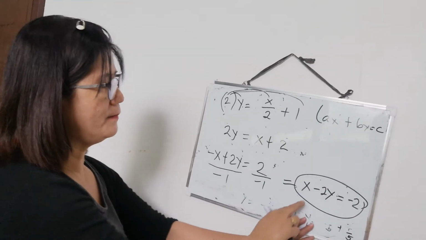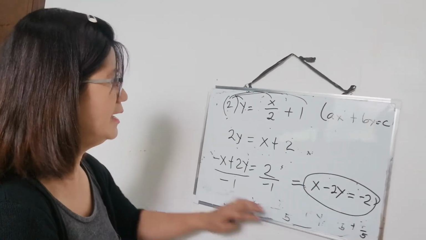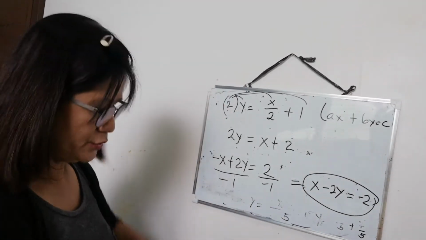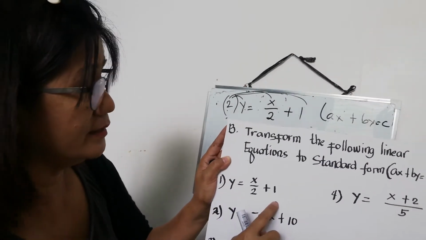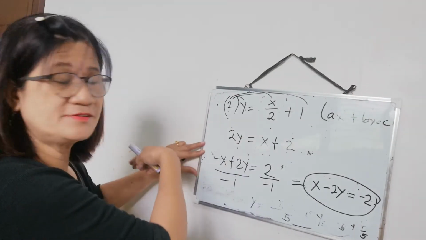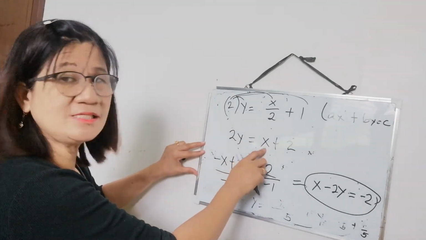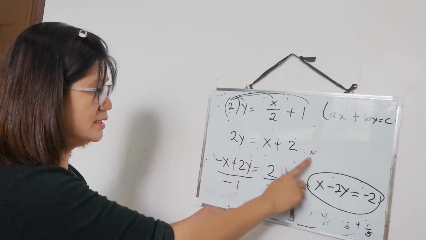And so, mapapansin niyo siya ay nasa format na ax plus by equals c. Again, so, ito yung given, ito yung question. How do you transform this in standard form? So, kailangan natin ilipat si x dito sa left side, no? So, this positive x will be negative x plus 2y equals 2.